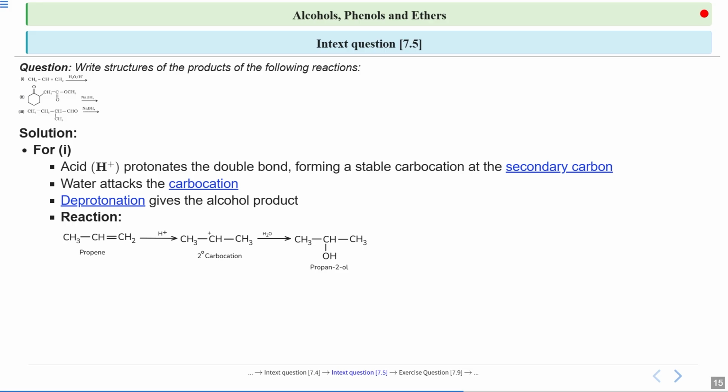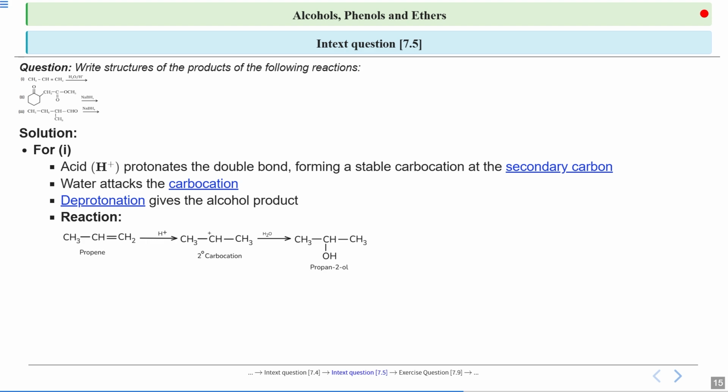I hope you understand that first of all, H positive acid catalysis happens over the propene. The double bond gets protonated and a secondary carbocation forms. Then the water molecule stabilizes this positive charge of the carbocation and forms a protonated compound. Then from that protonated compound, we have O positive in that, right?